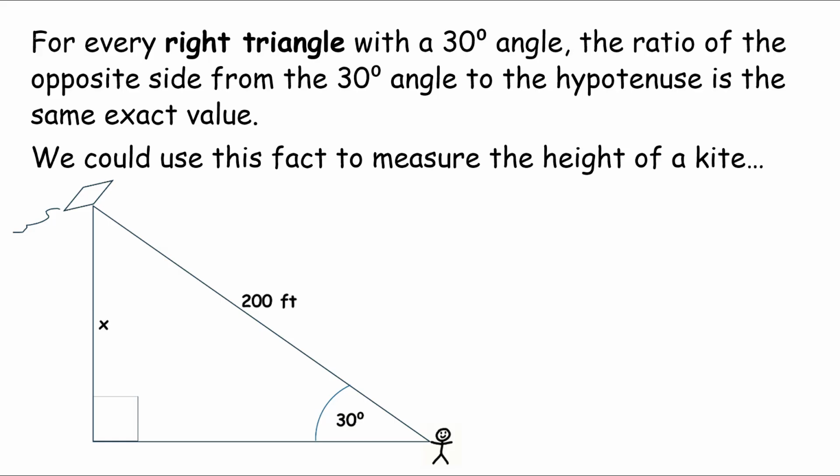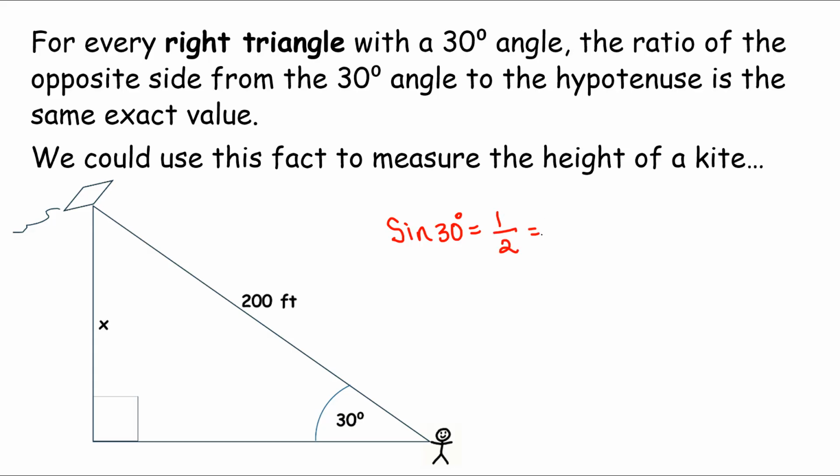It will be 1/2. Suppose I'm flying a kite and I know that I have 200 feet of string and I've let all the string out, and I measure the angle from the ground to the kite string and find out that's 30 degrees. Then I would know the height of my kite is 100, because the sine of 30 degrees is equal to 1/2.